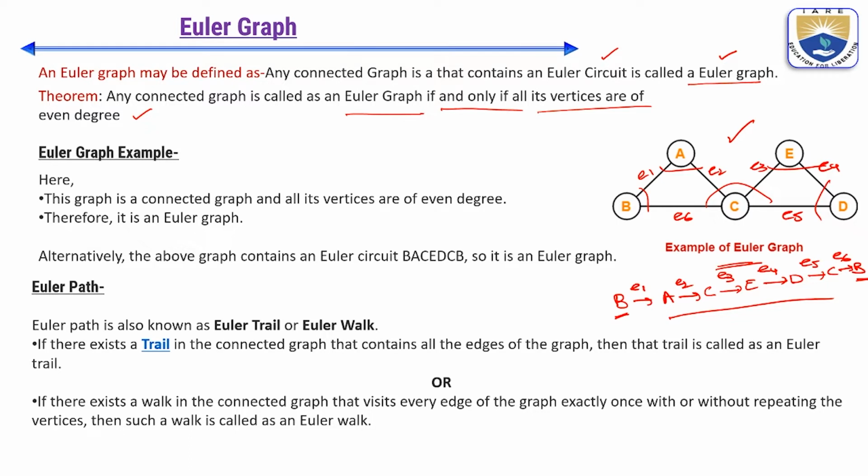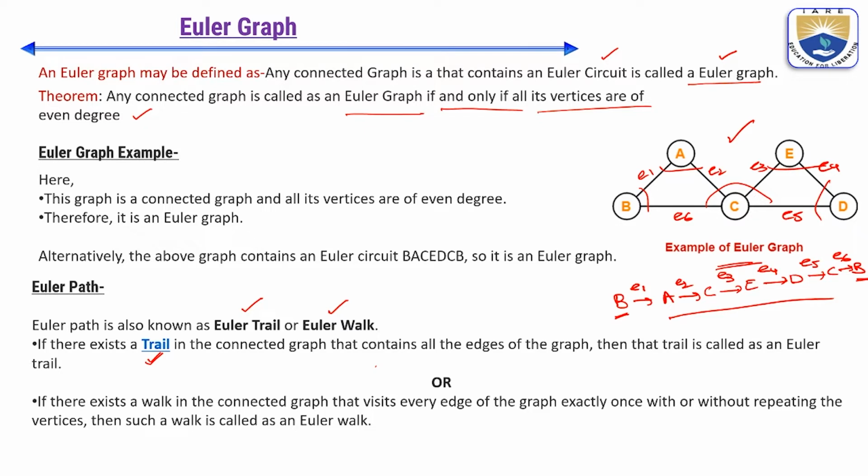Now, what is an Euler's trail or Euler's walk? An Euler's path is known as an Euler's trail, or we can call it an Euler's walk. If there exists a trail in the connected graph that contains all the edges, a trail is nothing but an open walk in which vertices are allowed to repeat but edges are not allowed to repeat.